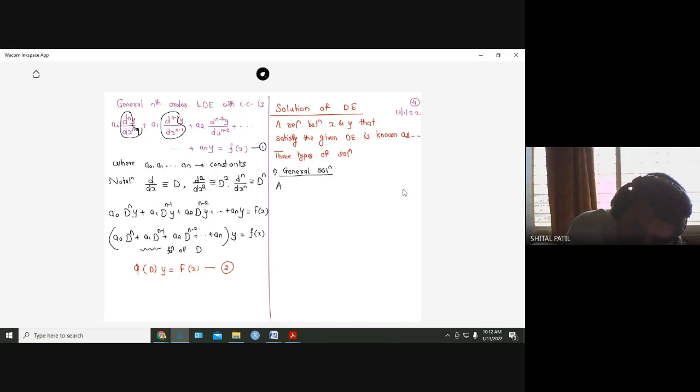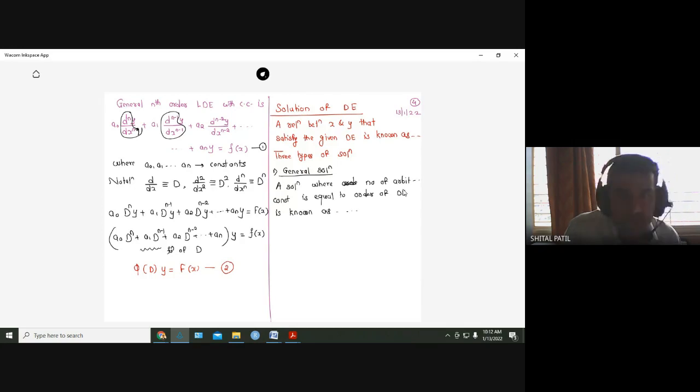A solution where the number of arbitrary constants is equal to the order of the differential equation is known as the general solution. Right? Number of arbitrary constants equal to order of the differential equation.